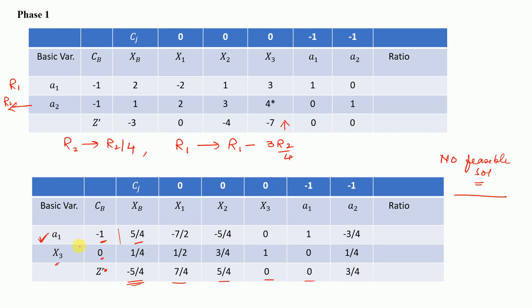Artificial variable is added just to solve the problem, just to find the initial feasible solution, because it has no other use. So this problem has no feasible solution. So I hope that you got the concept of no feasible solution while utilizing the two-phase method. Thank you.